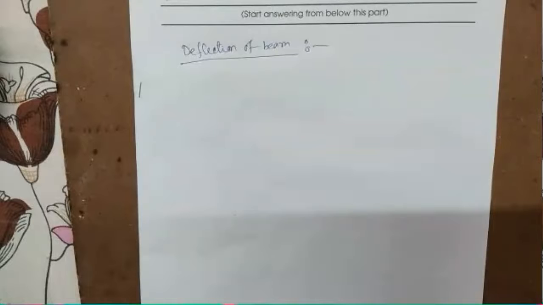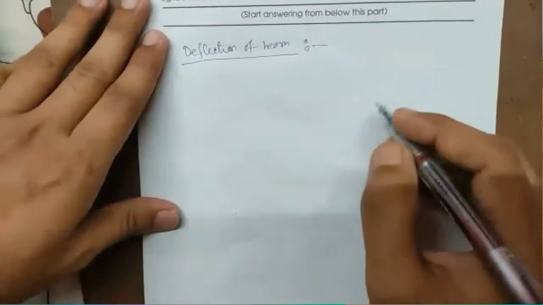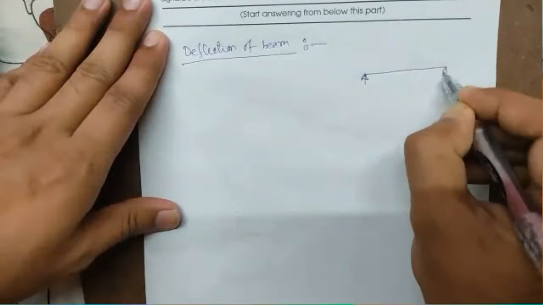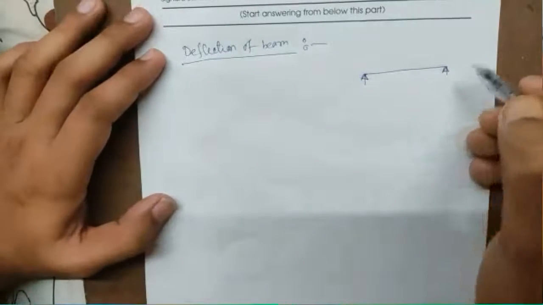Now, if a beam carries a uniformly distributed load or a point load, the beam will be deflected from the original position. And in this chapter, we'll study the amount by which a beam is deflected from its position. Due to the loads acting on the beam, it will be subjected to bending moment. We just consider a simply supported one.